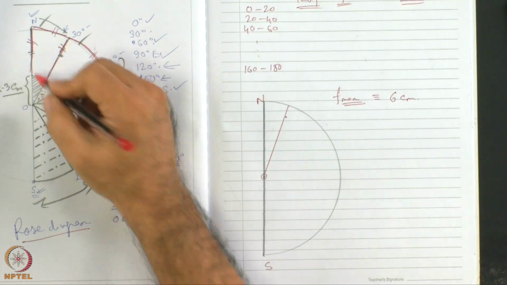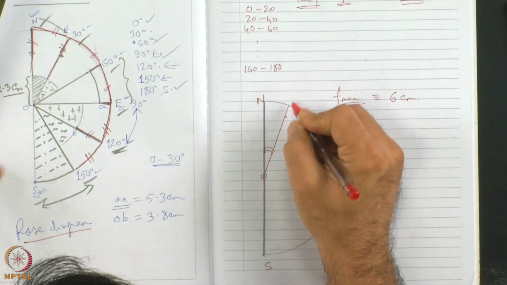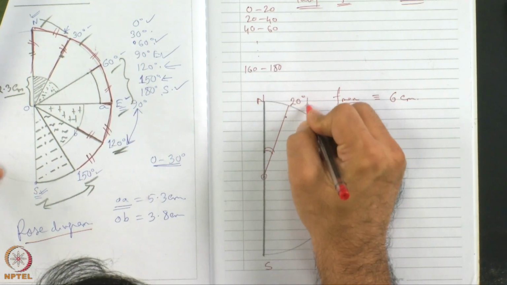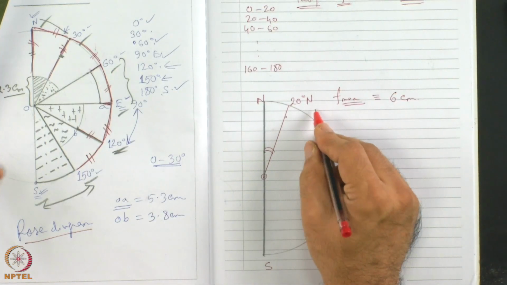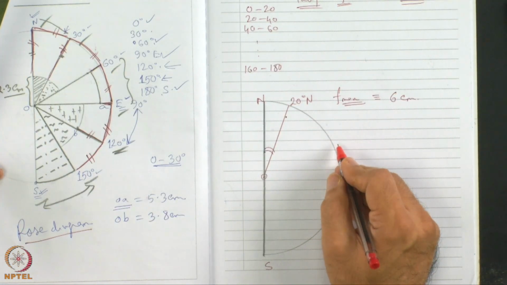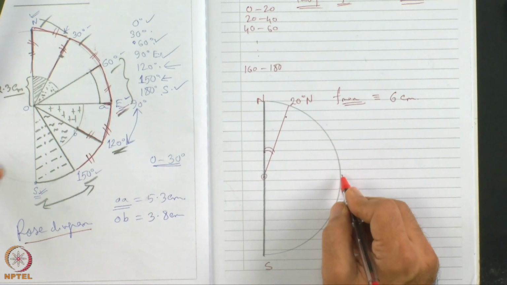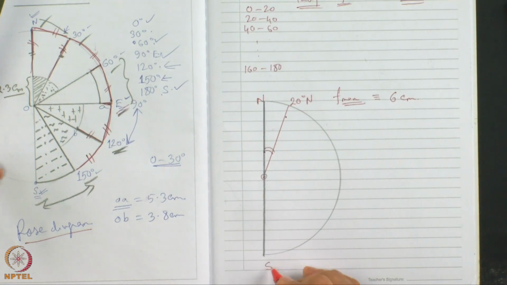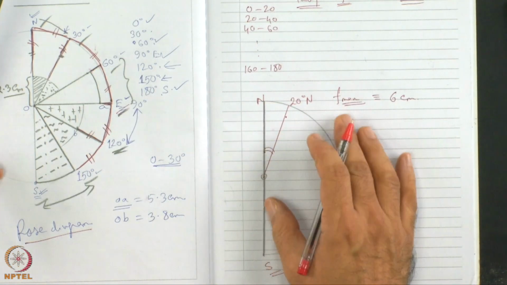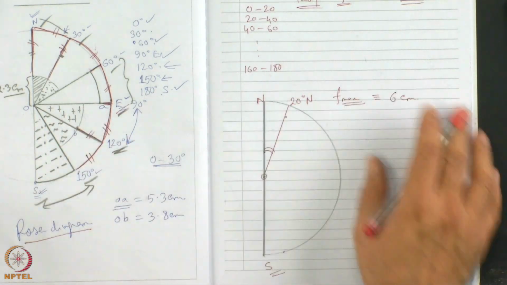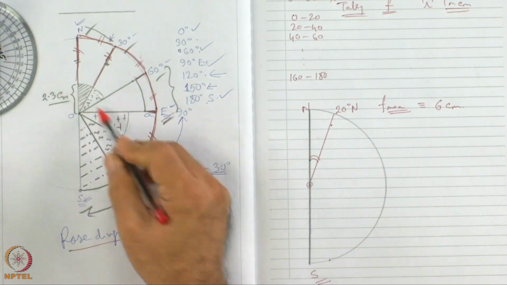So, you see, instead of 30 degree, I have drawn an angle of 20 degree. So, I write here 20 degree north. Next, one has to write 40 degree north, 60 degree north. East will not be there because we will get then 80 degree, and finally we will come to 160 degree north and then 180 degree north. And then the rose petals are created, then fill up differentially these petals.